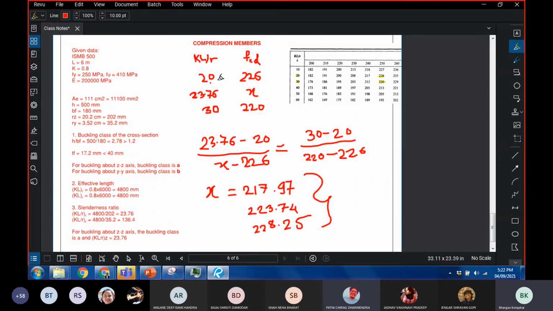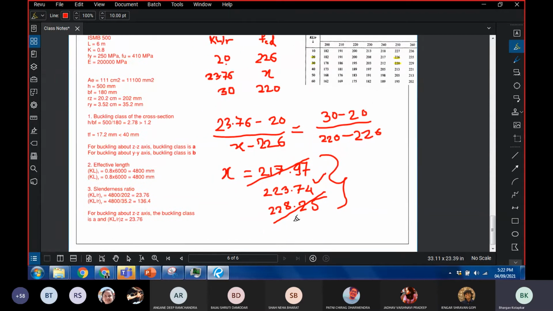Since this number is between 20 and 30, our range of answer should be between 220 and 226. Anything less than 220 or greater than 226 is automatically incorrect. Yes, I messed up my signs at 228. It's 223.74. So I hope you have enough confirmations to say that this is the right answer, 223.74.